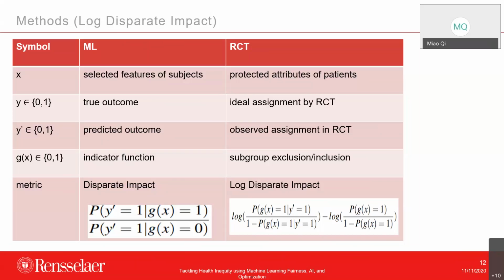And then the indicator function becomes the subgroup exclusion and inclusion criteria for the clinical trial. By mapping all of these factors, we can derive a metric for the clinical trial from any available machine learning fairness metric. Like here, we derive the one called the log disparate impact from the disparate impact, to assure that each subgroup can have a similar distribution of the protected attributes compared to the target population.